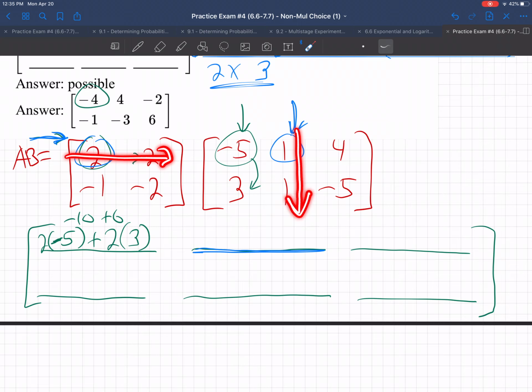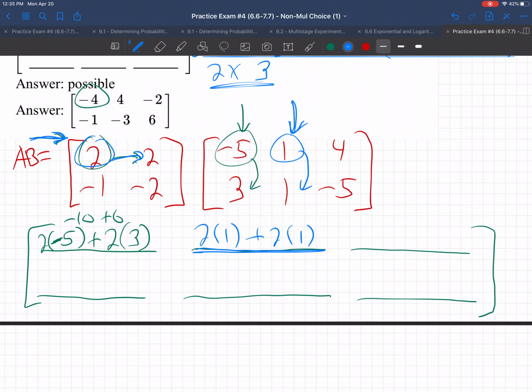That's the motion I'm going to follow, and I'm going to multiply every step of the way, and then add up the answers. So 2 times 1, and then again, jump across and jump down, 2 times 1. 2 plus 2, 4. That's how they got that.